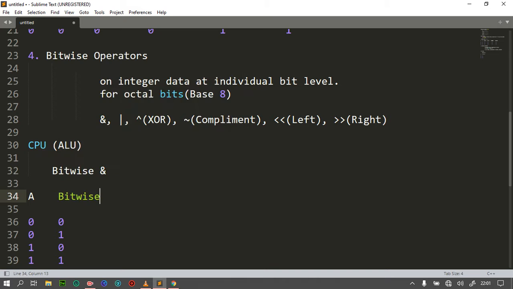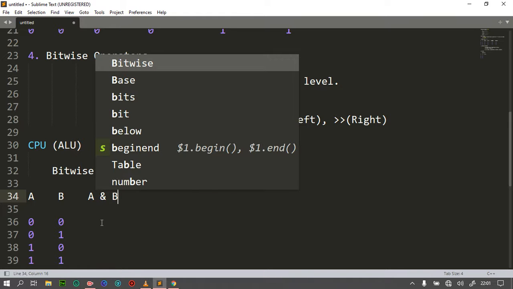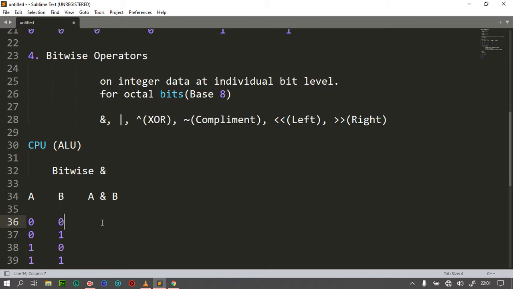So what are we checking out? Don't forget, we are checking out A bitwise AND B. This time around it's not a logical AND, but a bitwise AND. Now remember, under logical operators we said AND is only true when both are true, otherwise it is false. That is why I gave you an example of logging in.